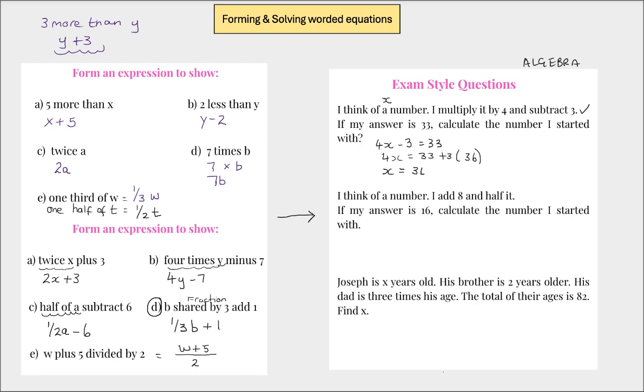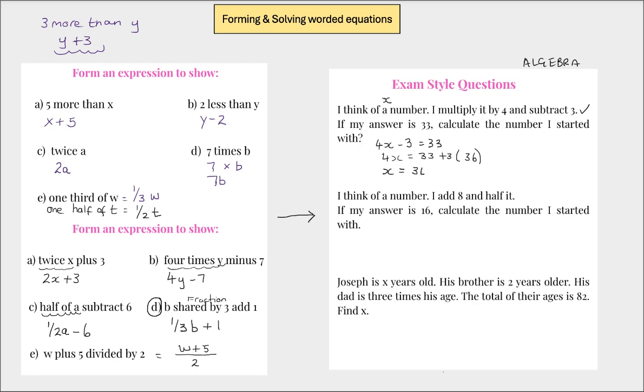That means 3 times x. The total of their ages is 82. Now we know that that's got to go at the end of our equation to solve. So we're going to put it all together like we did there.